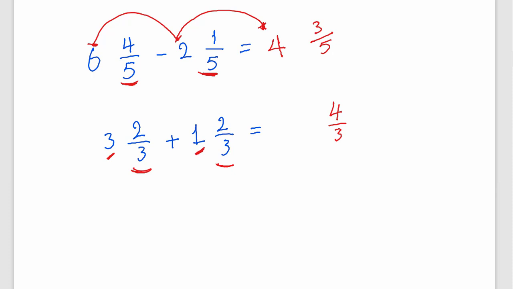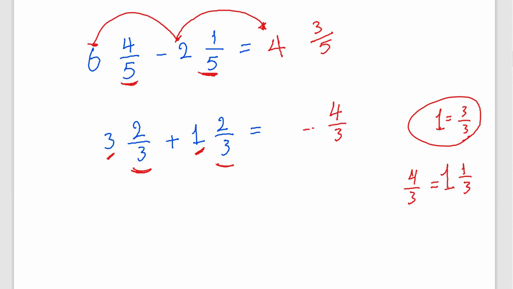I have a problem. I cannot write 4/3 and write a number next to it, because 4/3 is more than whole 1. A whole 1 is 3/3. So 4/3 is a whole 1 and 1 more third.